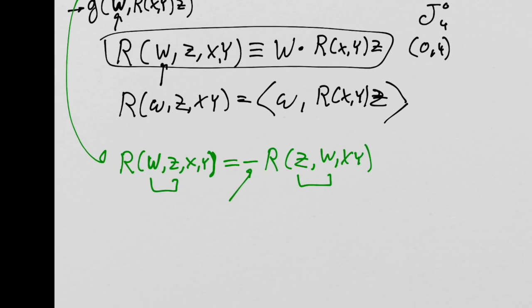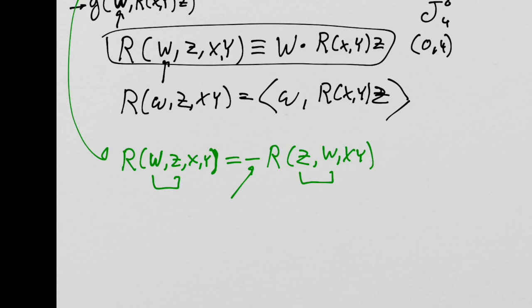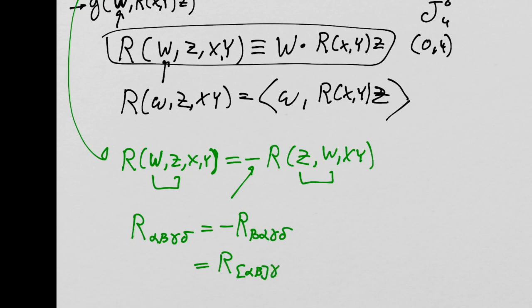And the way that is expressed is R_alpha beta gamma delta equals minus R_beta alpha gamma delta. Through our definition of antisymmetrization, I can say that it equals its antisymmetrized version on the first two indices.